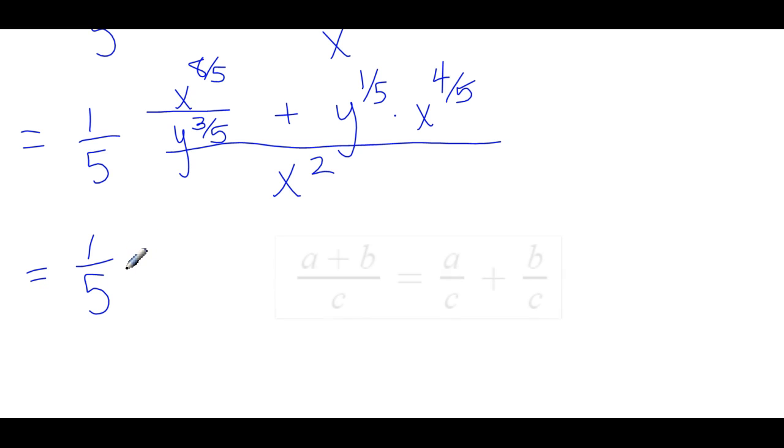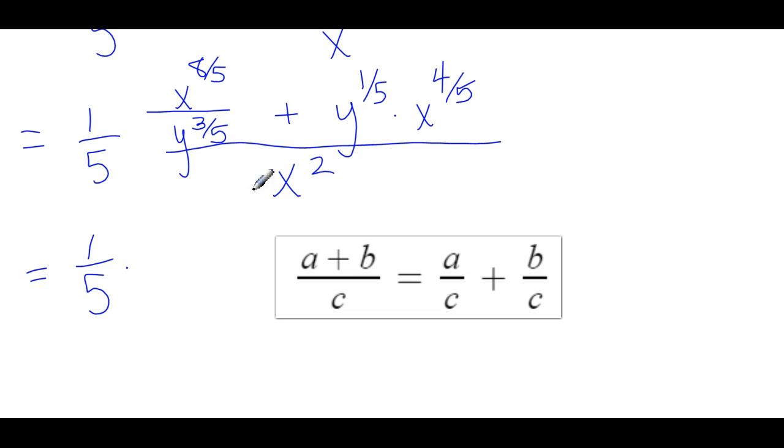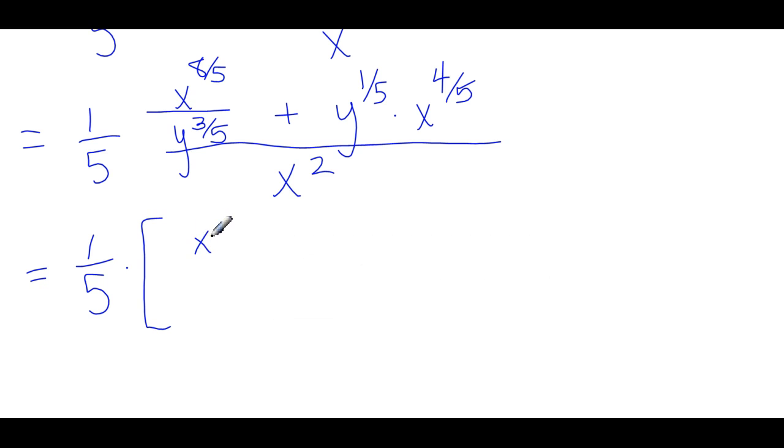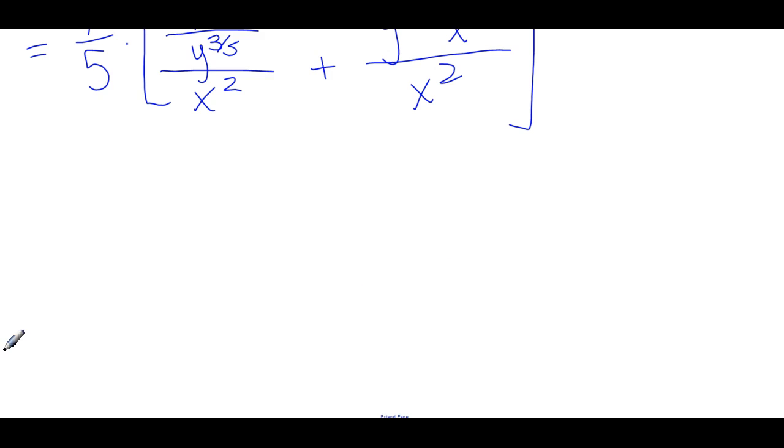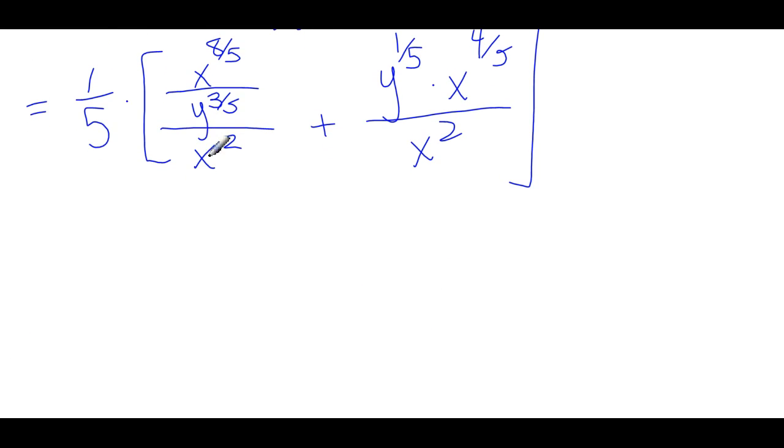I can break all of this up right here into two fractions, meaning I can call it x to the 8/5 y to the 3/5 over x squared, plus, I'm just breaking it up with this plus here, y to the 1/5 times x to the 4/5 all over x squared. And then this is just subtraction again.